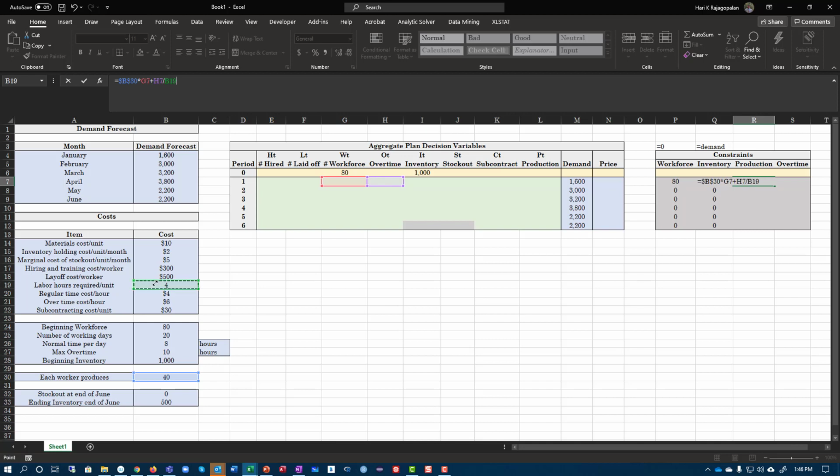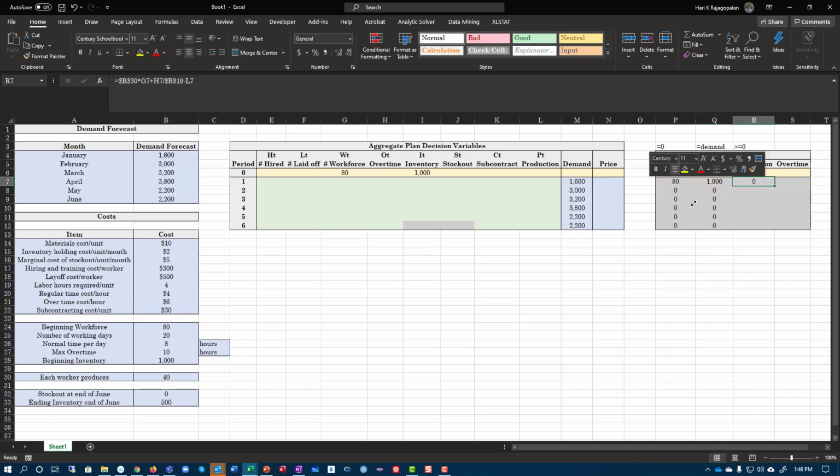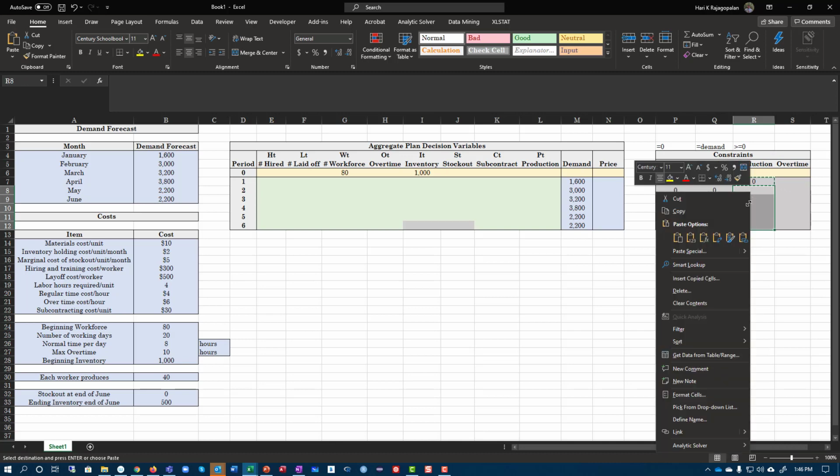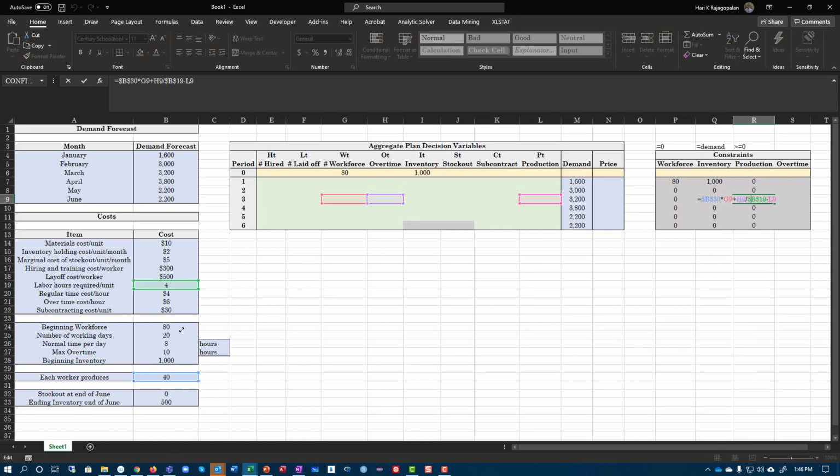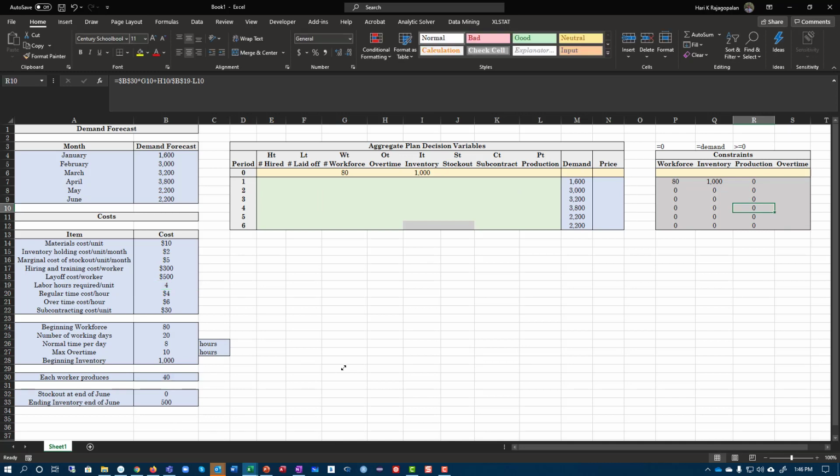Again, use your function key F4, minus P1. This value has to be greater than or equal to 0. We're going to copy this down and paste the formulas all over. Just double-click a couple more to make sure you're selecting the right values and that you put the dollar sign; all that is important.